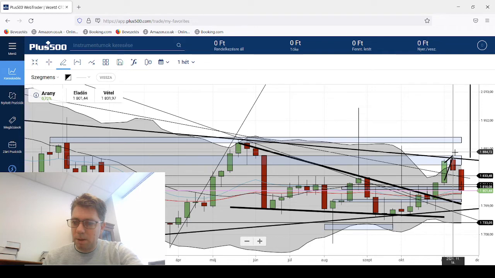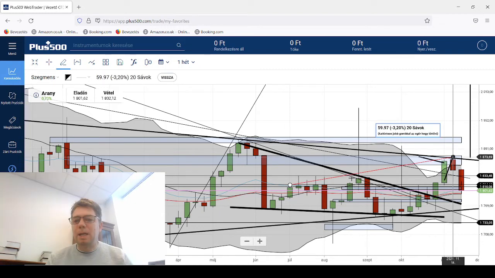Let me try. So I'm trying to connect the tops. What's happening here? Tops of the candles, which I just scanned. Maybe the bodies. Let's start here. Okay, here we go. So I'm trying to connect them.